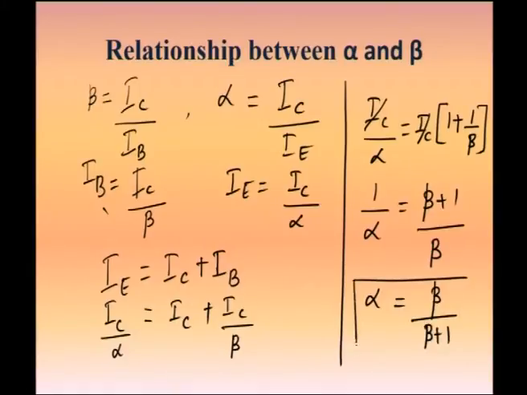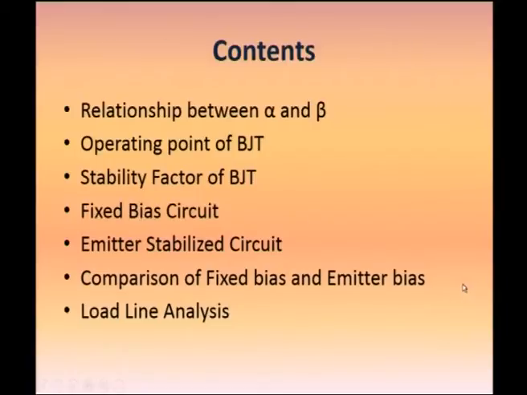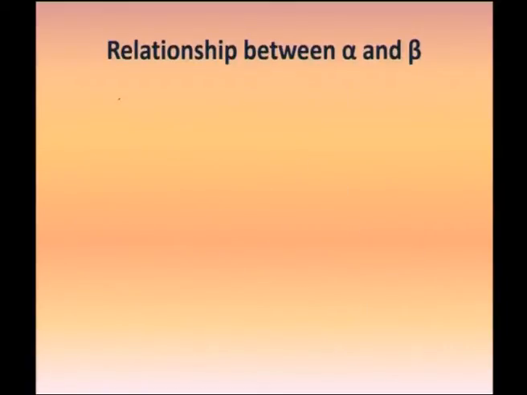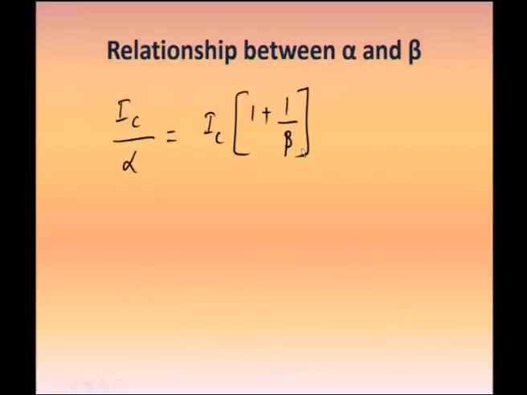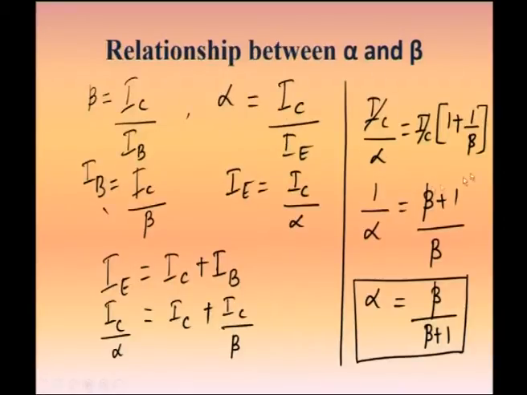So, this is one relationship, alpha in terms of beta. You can also derive from the previous equation: IC by alpha equal to IC into 1 plus 1 by beta.